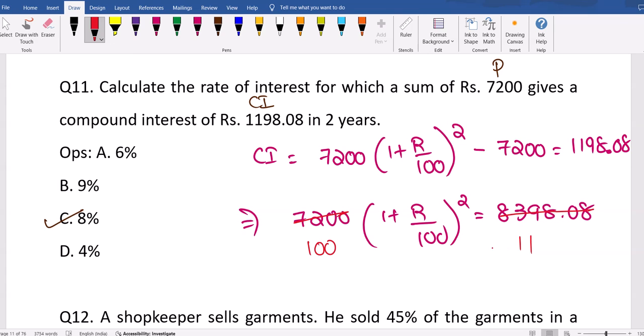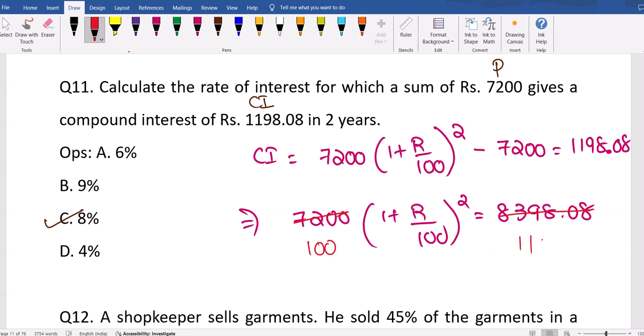So we got 119 means 47 extra, 478.08. So 478, so 72 6 times. Yeah, 72 6 times will go close to that.